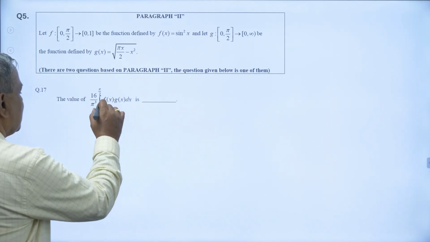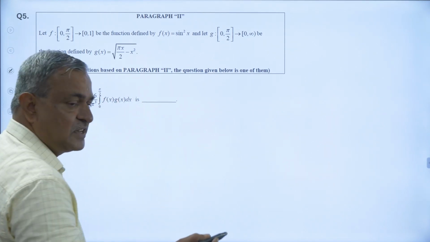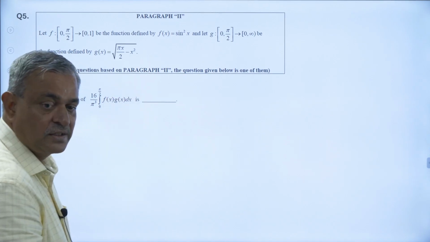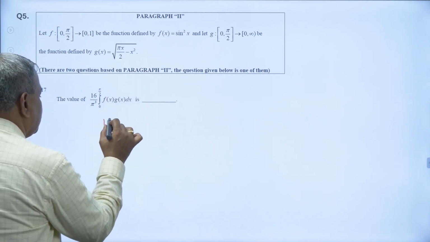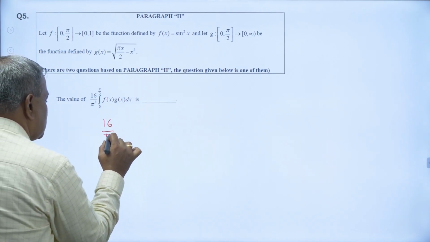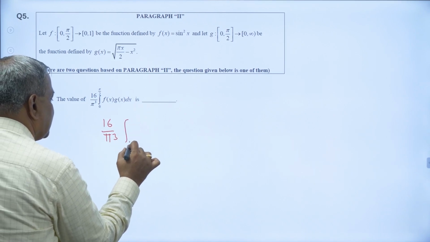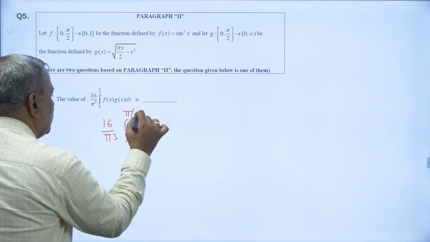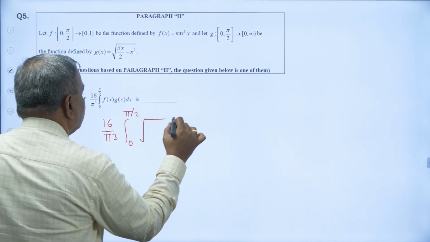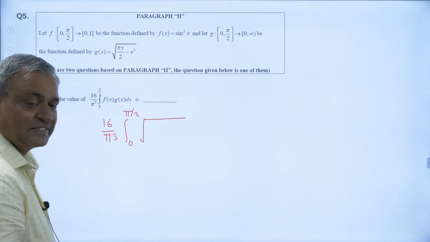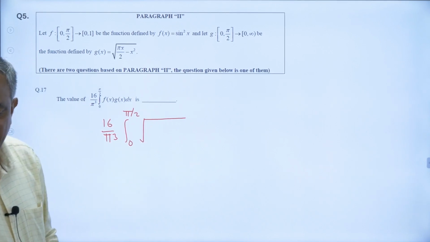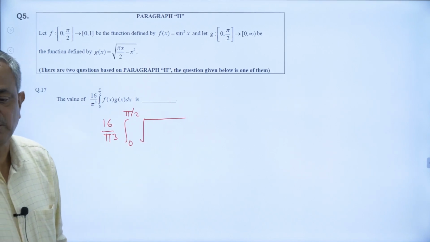This integral 0 to pi by 2 of f x g x is nothing but g of x only. So 16 by pi cube into integral 0 to pi by 2 under root of, this can be written as, you make a perfect square to write this.